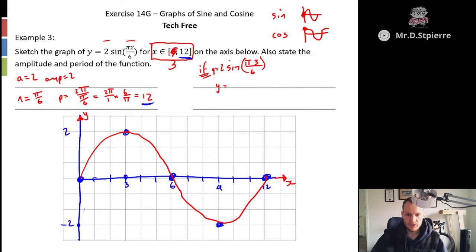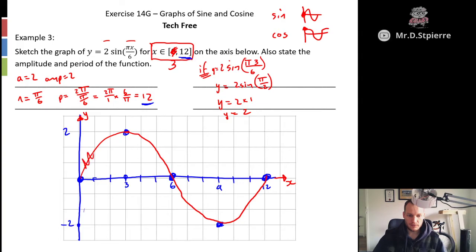So y is equal to 2 sine pi on 2. Simplifying that fraction, y is equal to 2 by, and then you need to think, what's sine of pi on 2? Sine of pi on 2 is 1, so y is equal to 2. So that would be our starting point, which is what we've got right there.